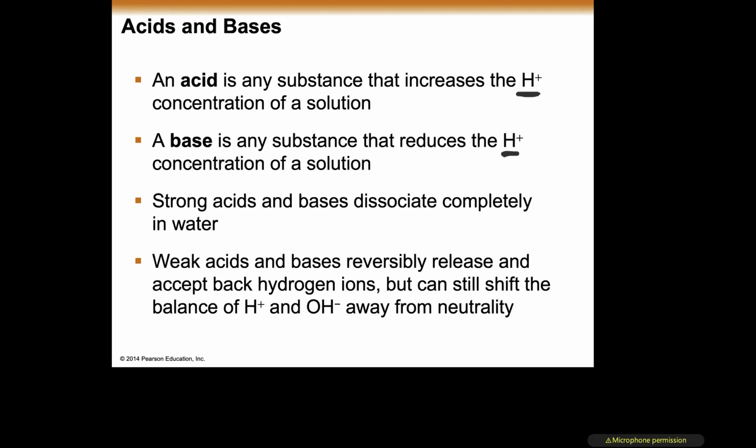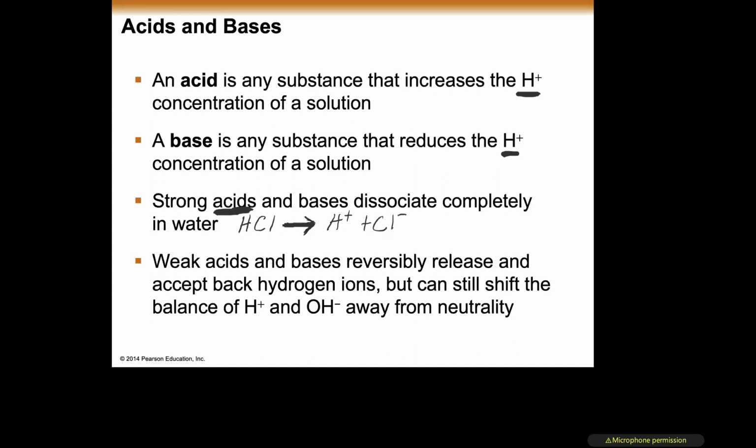So hydrochloric acid, HCl, will dissociate to become H plus and Cl minus. This is an extremely strong acid, because the reaction goes in this direction and usually does not go back. They usually dissociate completely and don't return.